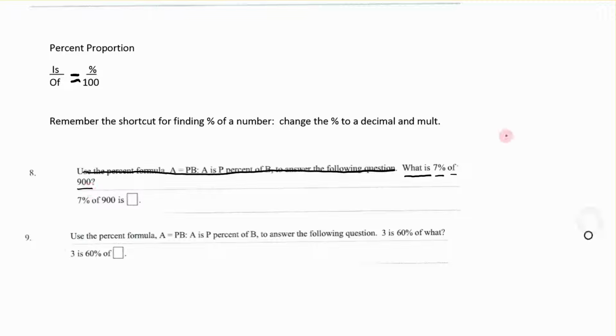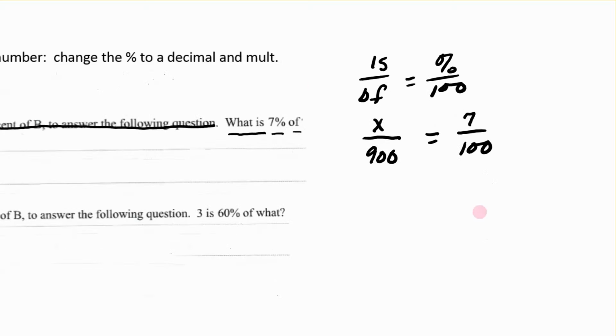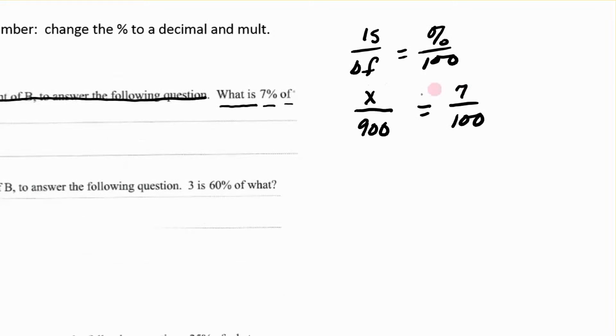So if my formula is is over of equals percent over 100, the is number is unknown, the of number is 900, equals 7 over 100. To solve this, I'm going to use my proportion technique, which says do the cross product that you can.